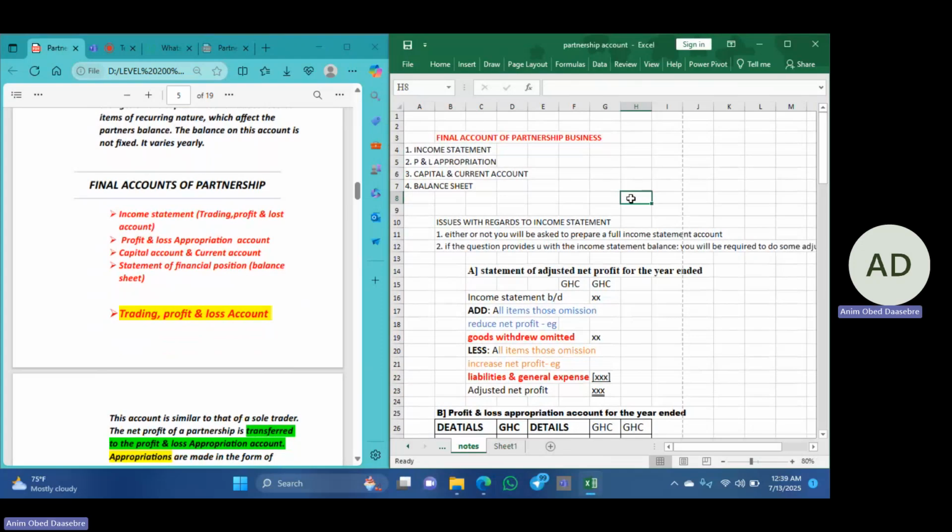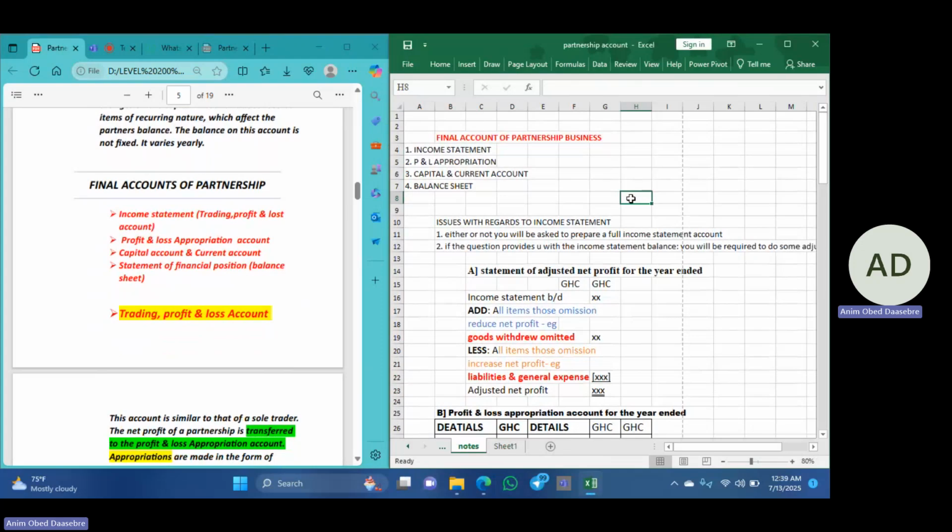These 4 components are basically what you are going to prepare to earn the full mark for every partnership account question. They will be required in accordance with the question.